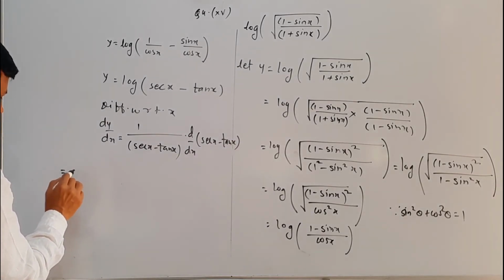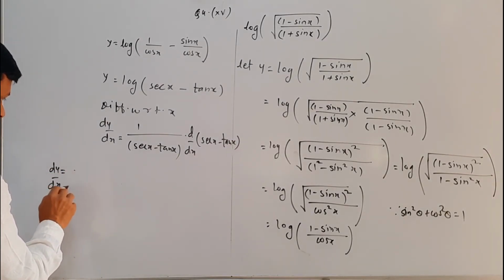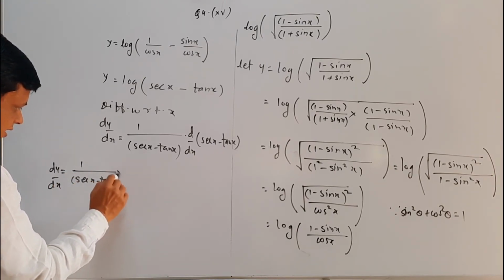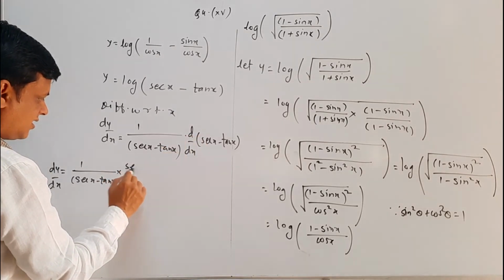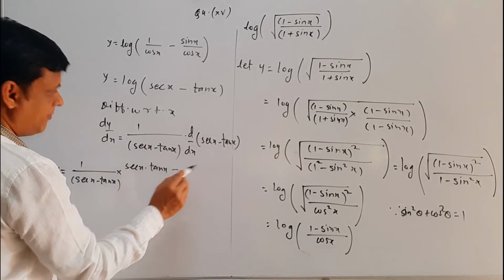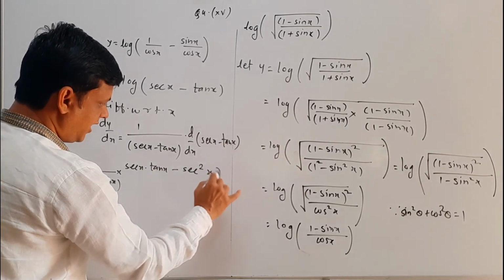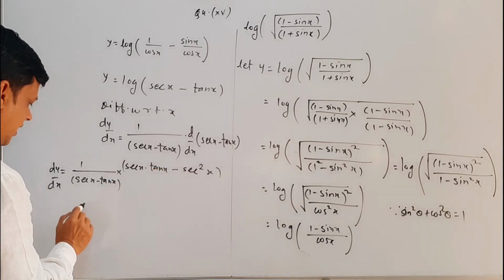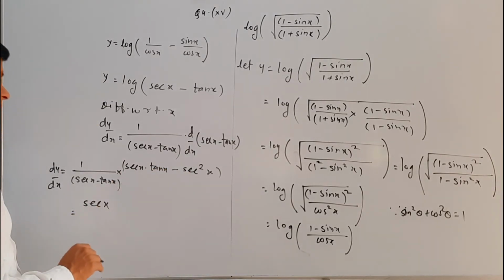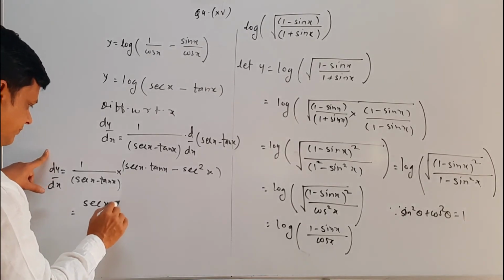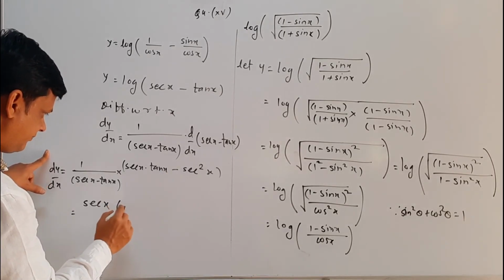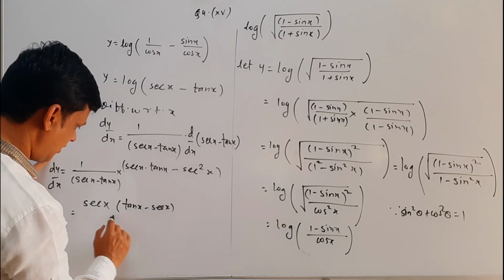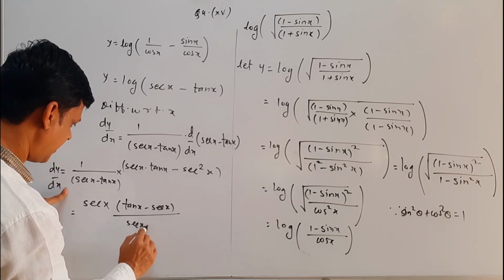So dy by dx is equal to 1 upon (sec x minus tan x) into derivative of sec x, which is sec x into tan x, minus derivative of tan x, which is sec square x. So we take sec x common from both the terms. So sec x in bracket we write tan x minus sec x, upon this sec x minus tan x.